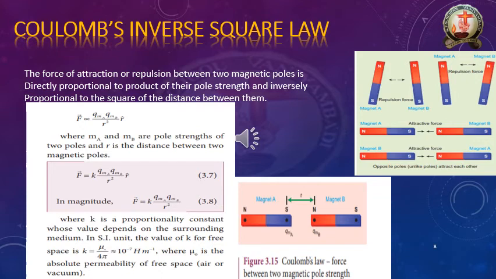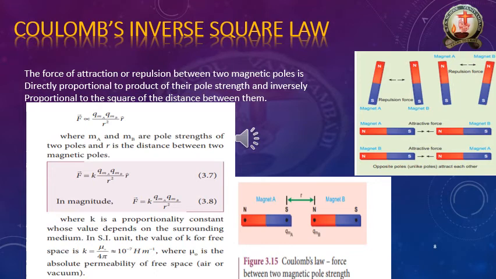Once again, the force of attraction or repulsion between two magnetic poles is inversely proportional to the square of the distance between them. Please see the expression below. F is directly proportional to... So according to the statement, I wrote this formula: the force of attraction or repulsion between two magnetic poles.